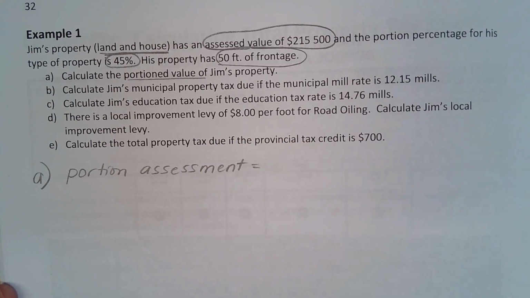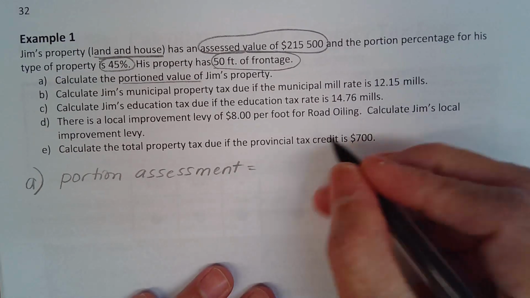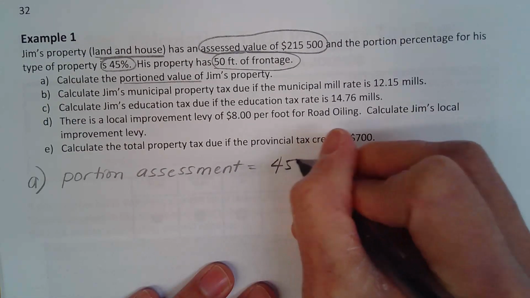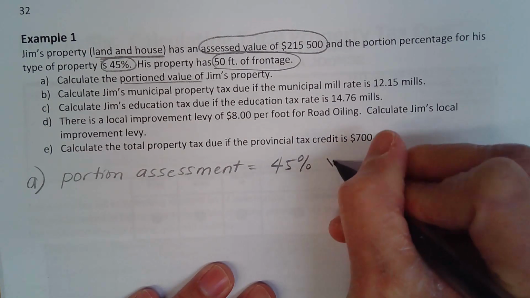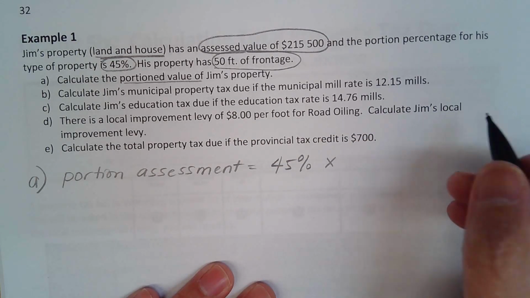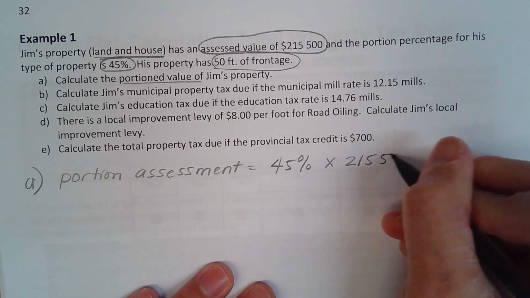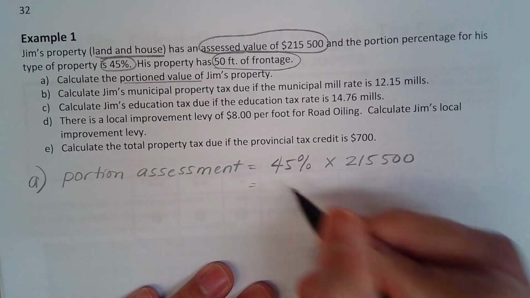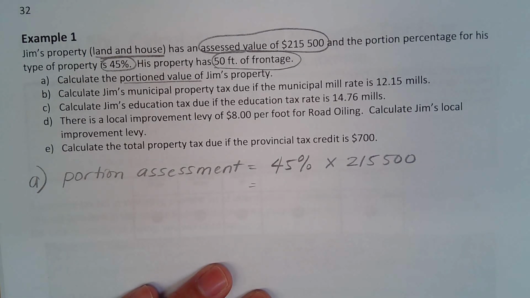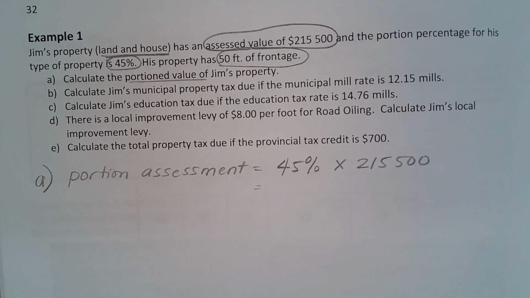We know that the portion is 45%, so 45% times the value of his property. What's the value of his property? $215,500. 45% times $215,500.